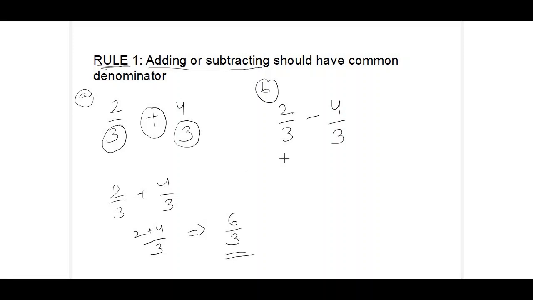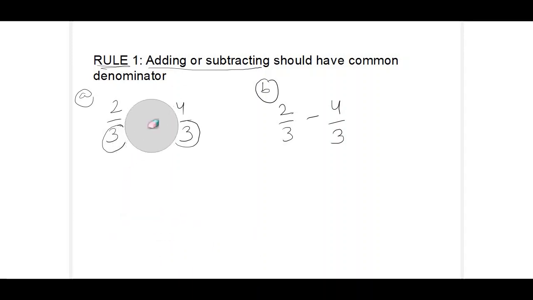In case we have different denominators, for example, we have 2 here, in that case we need to take the LCM.